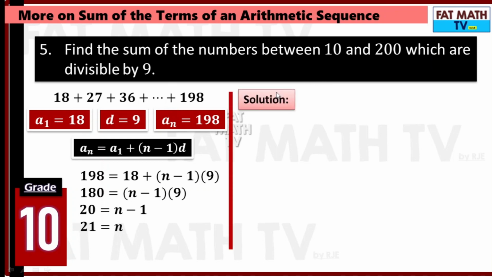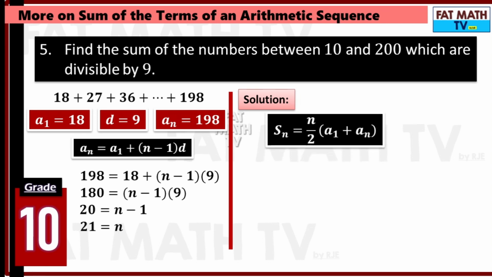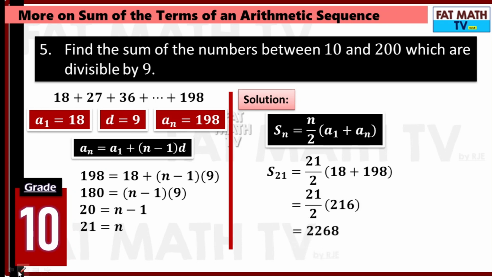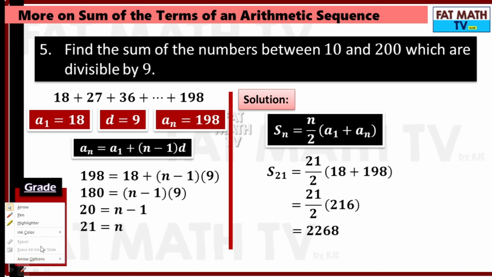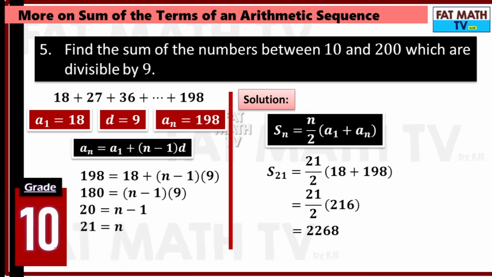Okay, let's identify the sum. So S sub n is equal to n over 2 times a sub 1 plus a sub n. N is 21, so 21 over 2 times a sub 1 is 18, and a sub n is 198. 18 plus 198 is 216. 216 divided by 2 times 21 is 2,268.